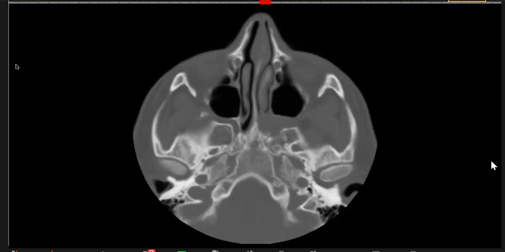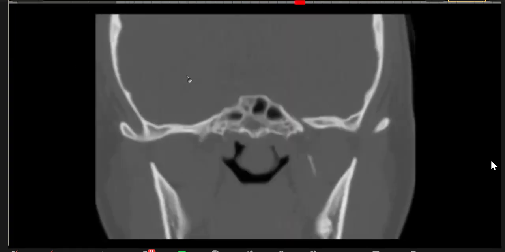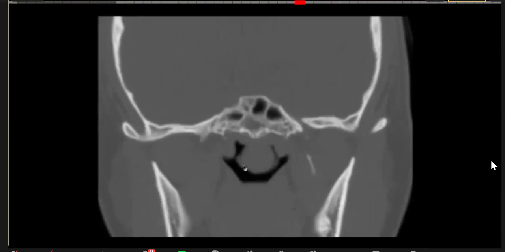Let me give you a coronal sequence. Okay, sir. Show me the foramen rotundum or anything else you want to show me. Okay, sir.